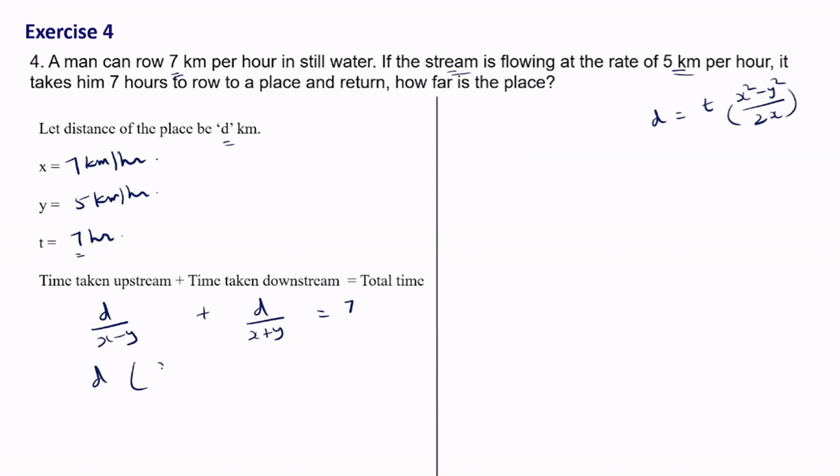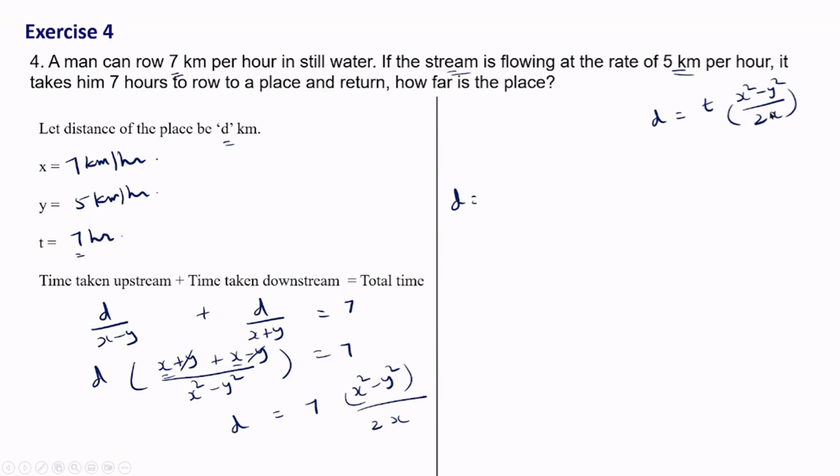So d into, here we have the numerator x plus y plus x minus y upon denominator x minus y into x plus y, which is x square minus y square. This is equal to 7. So d is equal to 7 into x square minus y square. This is x plus x, 2x. It will go in the denominator.